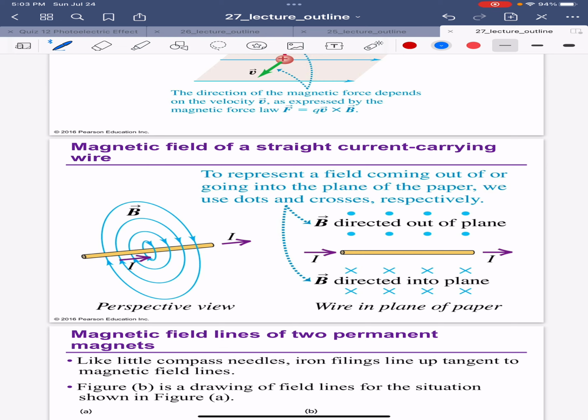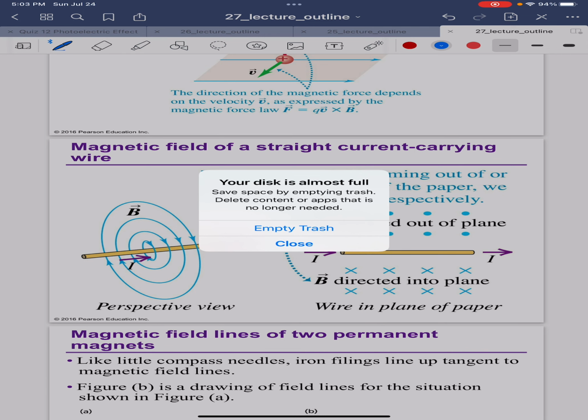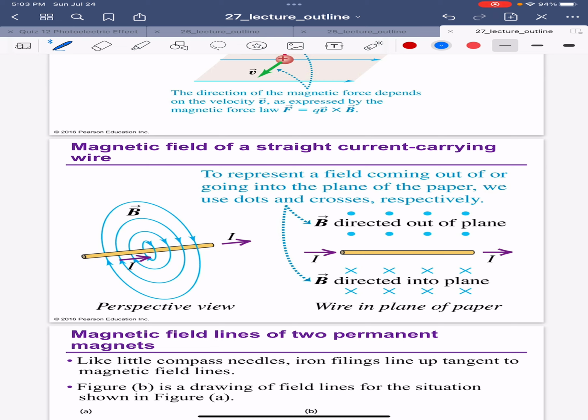Also, we need to know that not only when I have a single charge, but also when I have a straight line conductor carrying a current, there is a magnetic field for this conductor.